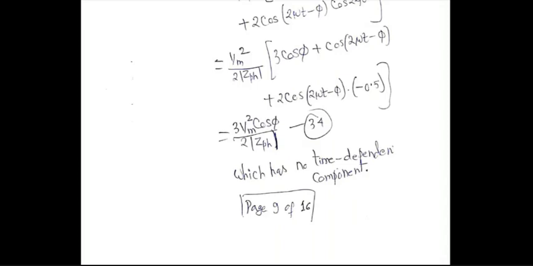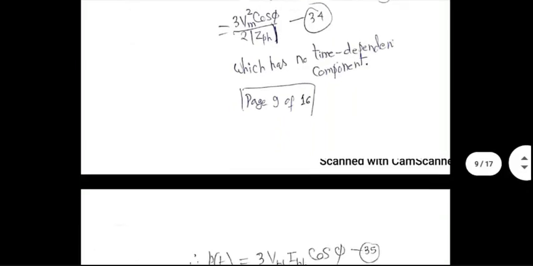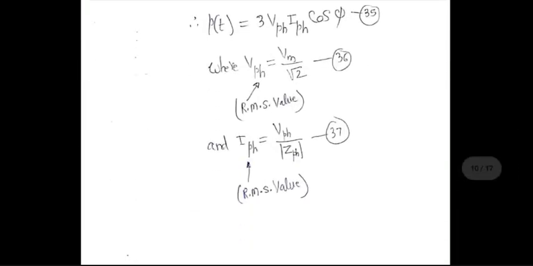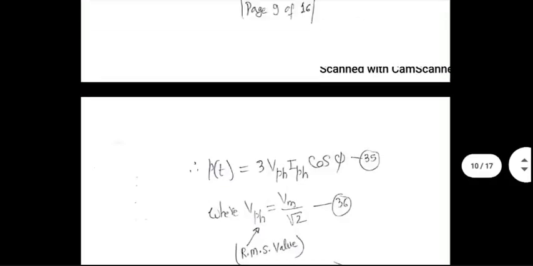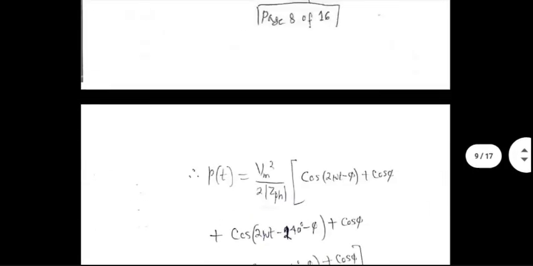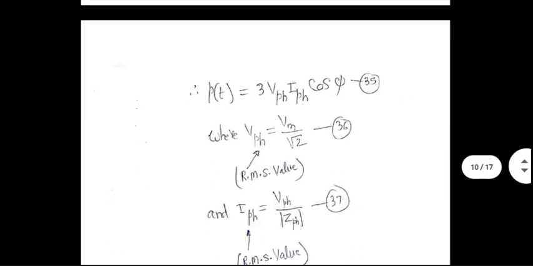In practice, it's not that easy because the system is never balanced. The value of the power consumed is the same whether you do it using time domain or using phasor domain. It can be easily written out. These things are fairly straightforward to look at.